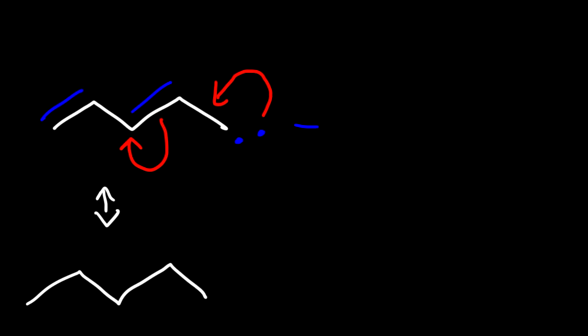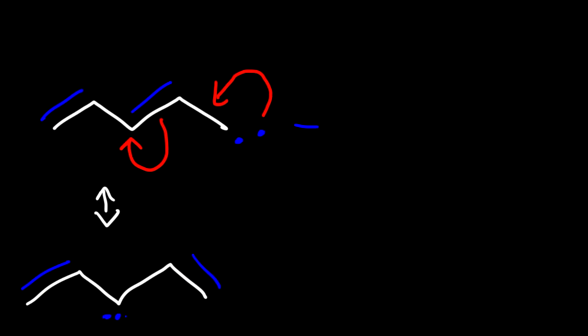So in this case, how can we draw the resonance structure of this particular ion? What we need to do is take the lone pair and move the electrons towards the double bond. We can break this pi bond, put 2 electrons on this carbon, and so the first resonance structure that we can draw will look like this.